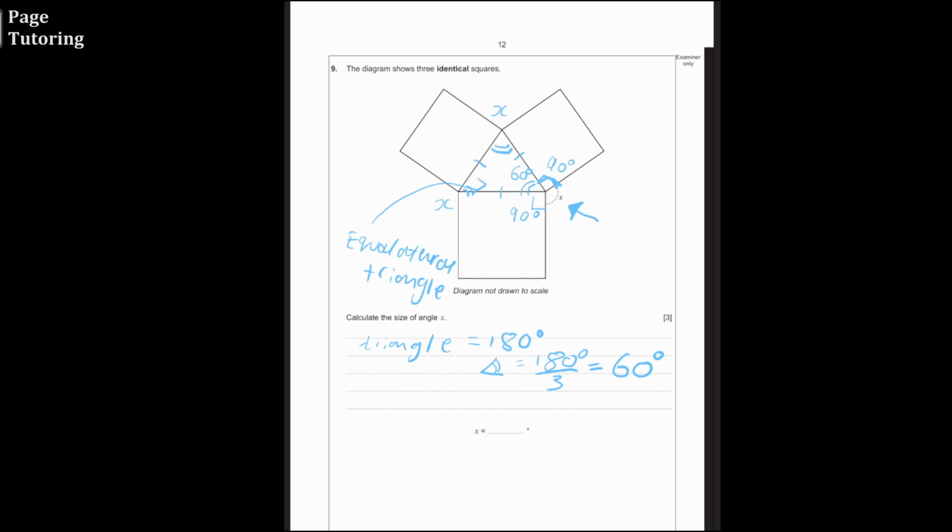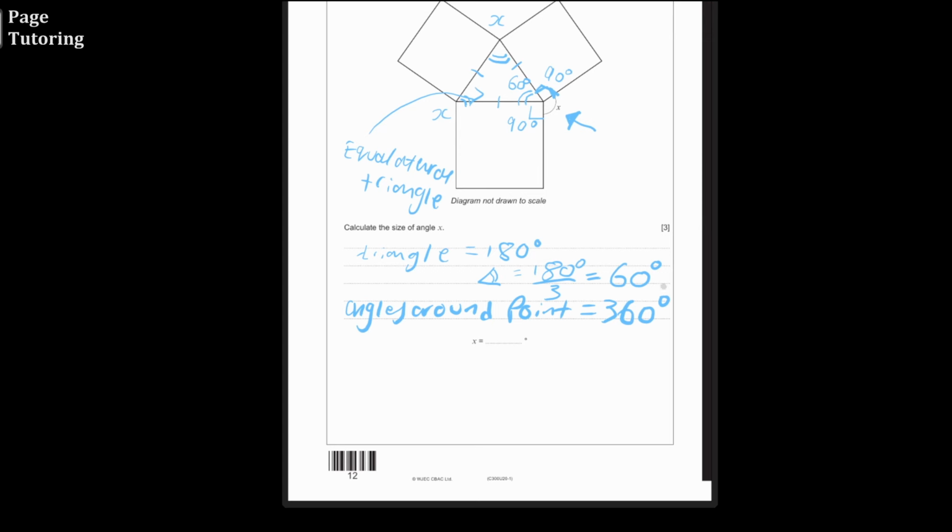But now we want to find X. Well, what do we know when we've got all the angles around this point? Angles around a point equal 360. Well, now we can start writing that up.